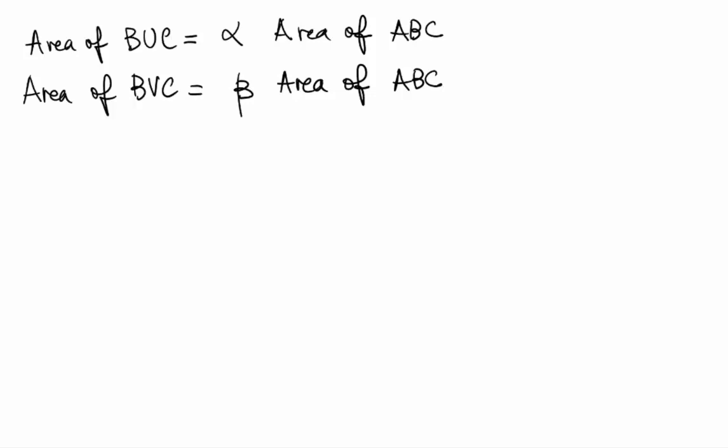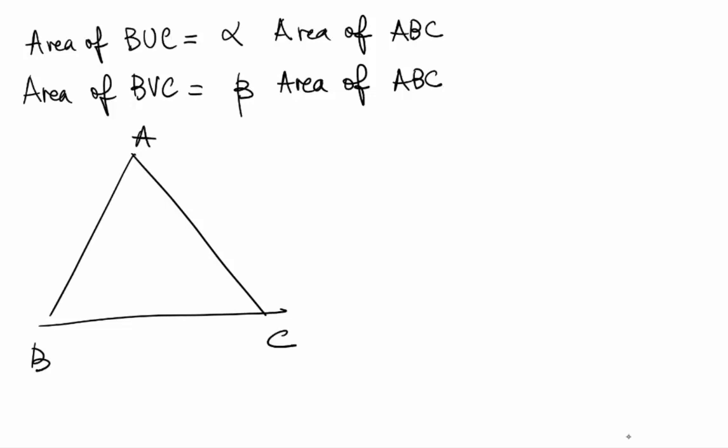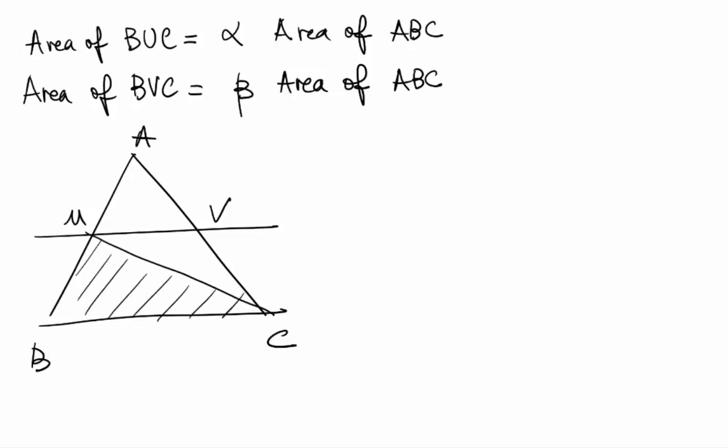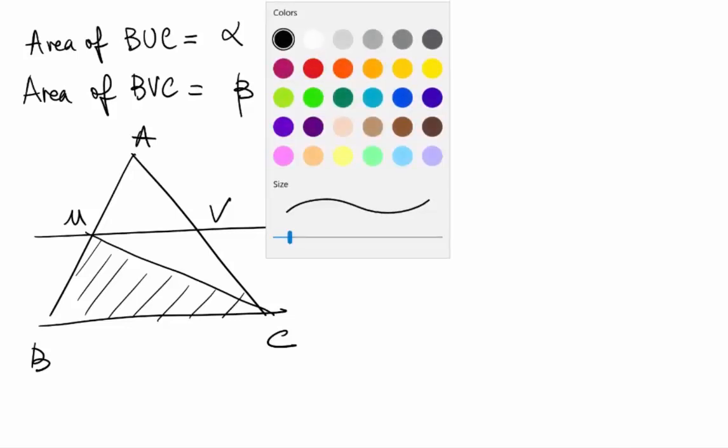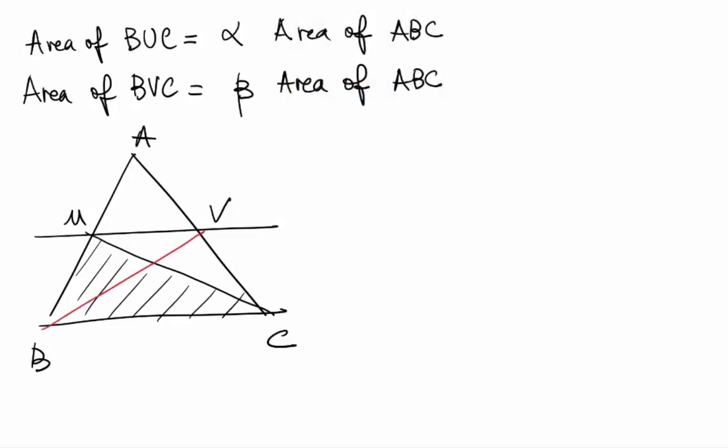To summarize again, we have shown that the area of the triangle BUC, let me draw it here. So this is A, B, C, and then this is U, V. So BUC is this. We've shown that the area of BUC is alpha times the area of ABC. And we have also shown that the area of BVC, which is this triangle here, is beta times the area of ABC.